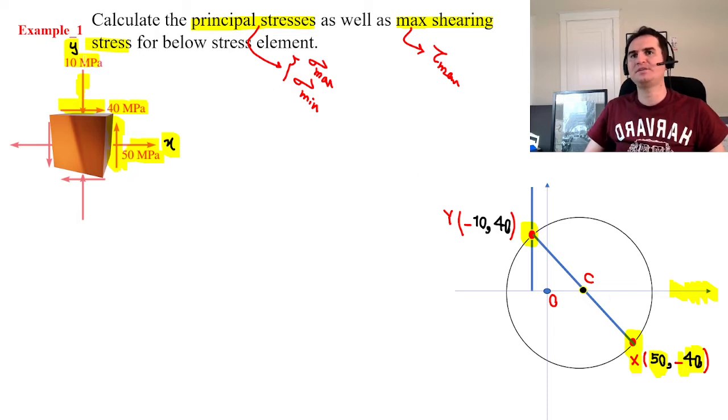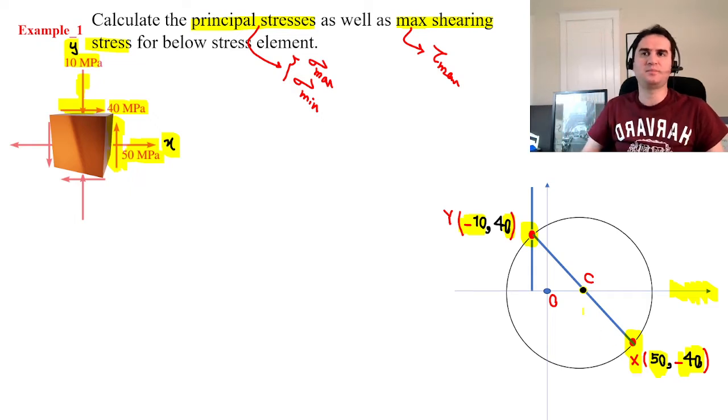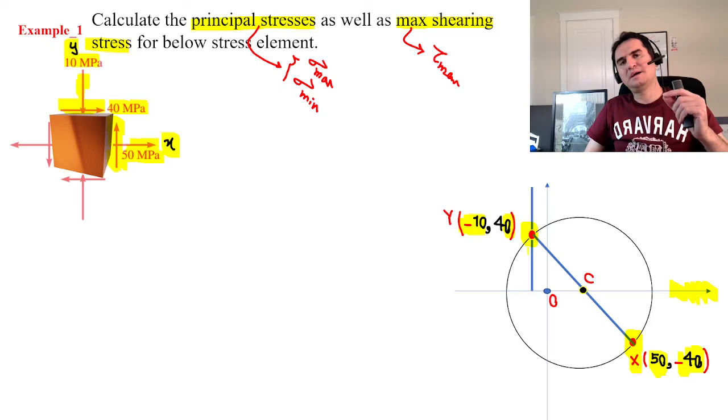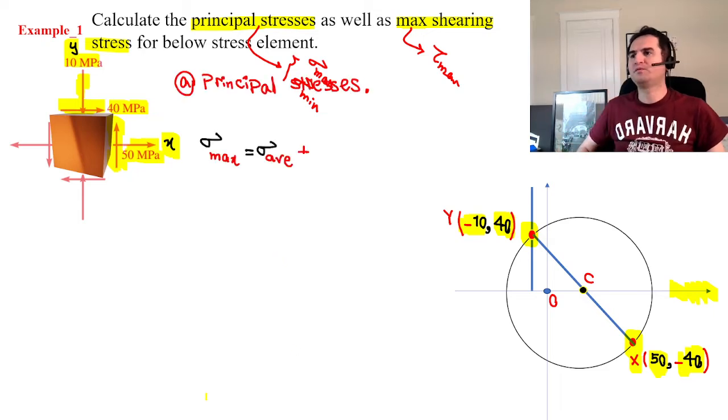The other element has a 10 megapascal compressive stress, that's a negative 10, and it tends to rotate the element clockwise, so the point goes above the x-axis, and that's a positive 40.